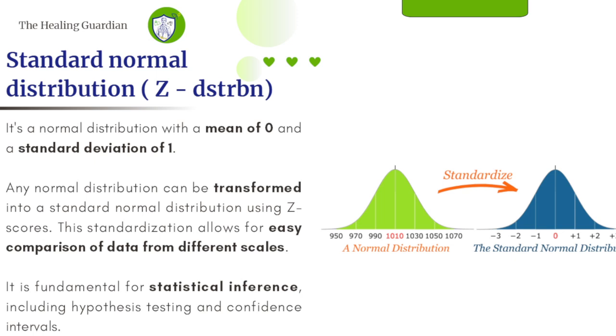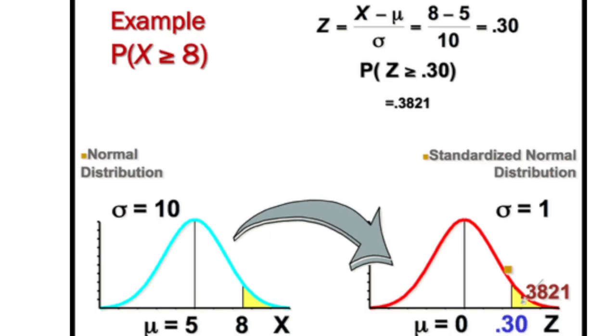And a normal distribution can be transformed into a standard normal distribution using z-scores. This is the calculation we are talking about: I take the value, which is x, remove the mean from it to get the difference, then divide by the standard deviation to find how many standard deviations are between them.